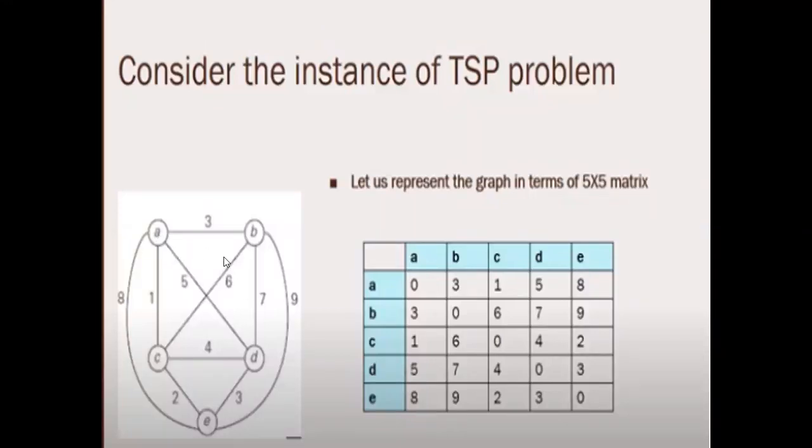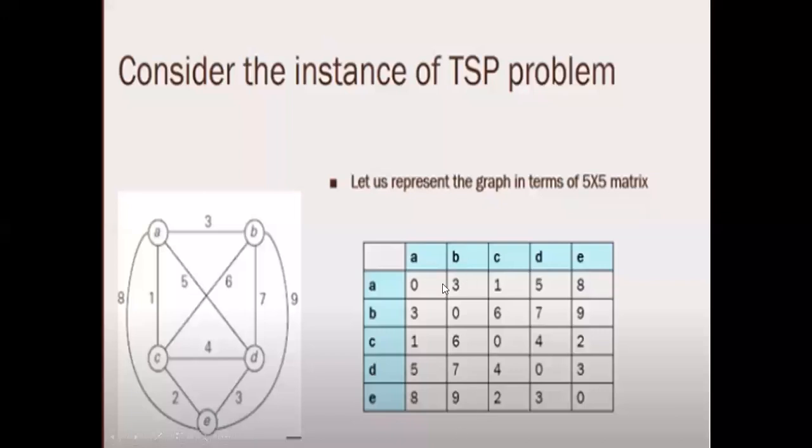Fine. So this graph can be converted into a matrix, correct? The distance between each pair has been given over here, correct? So on the edge, we have given a number. That number represents the distance between the two cities, correct? So if you observe here, is there any path from A to A? No. So this matrix is a 5 cross 5 matrix, because we have 5 vertices, correct?